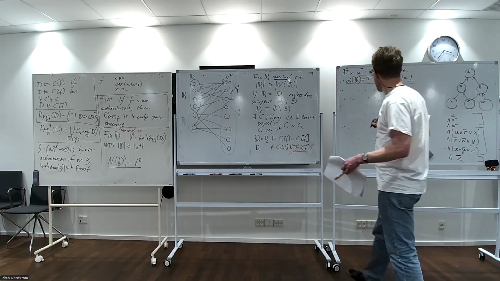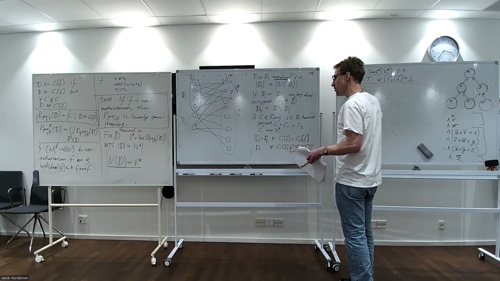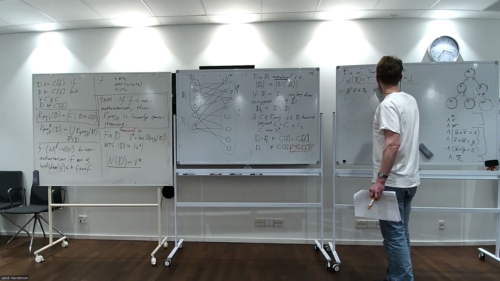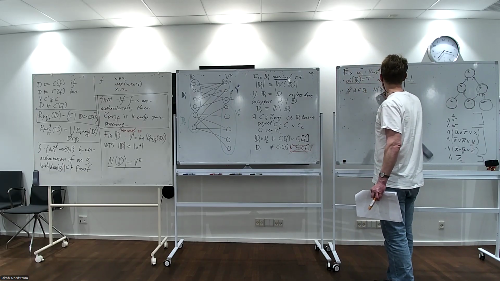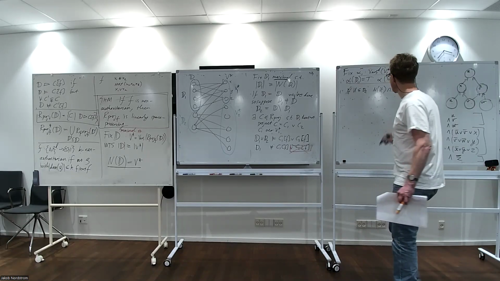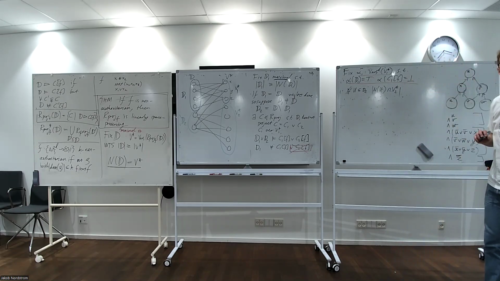Okay, so now I claim that if you look for every U in D2, look at the neighborhood of U intersect V2 star. What can you say about the size of the neighbors?